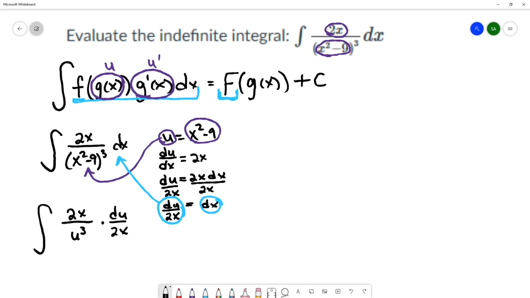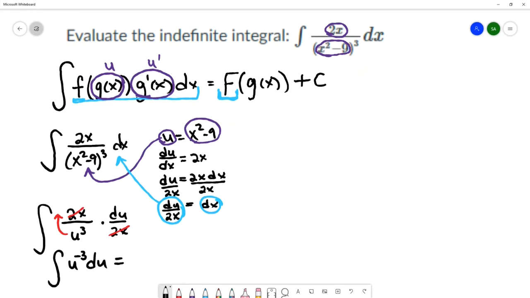If I do a little simplifying here, the 2x's cancel, and I'm going to use my properties of exponents to bring that u cubed up to the numerator. So it will be the integral of u to the negative 3 du.